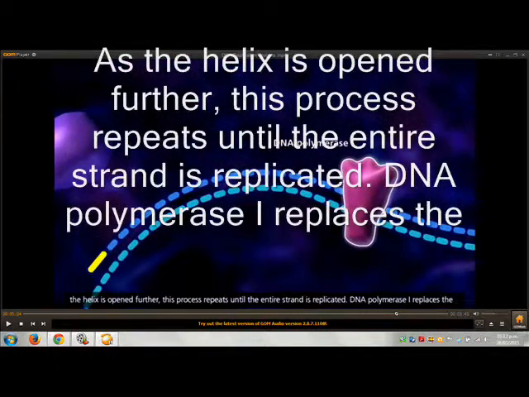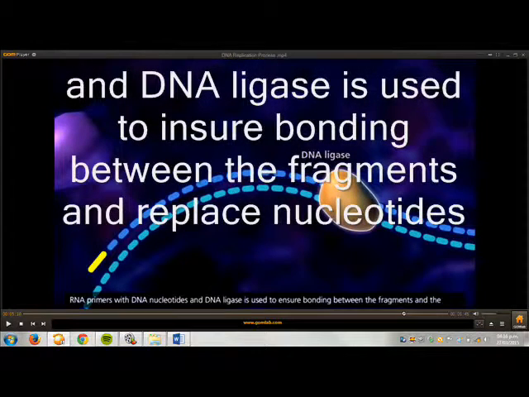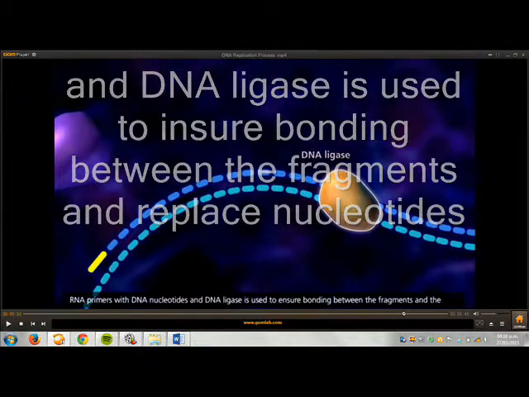As the helix is opened further, this process repeats until the strand is replicated. DNA polymerase I replaces the RNA primers with DNA nucleotides, and DNA ligase is used to ensure bonding between the fragments.